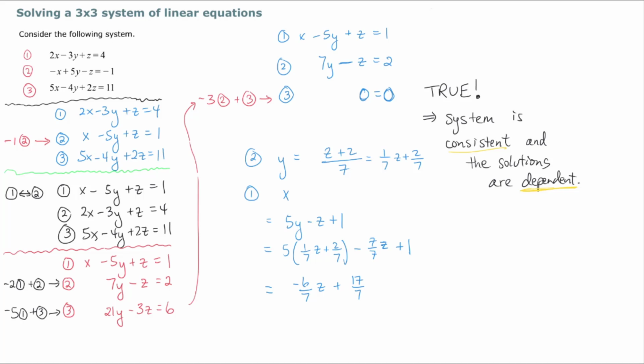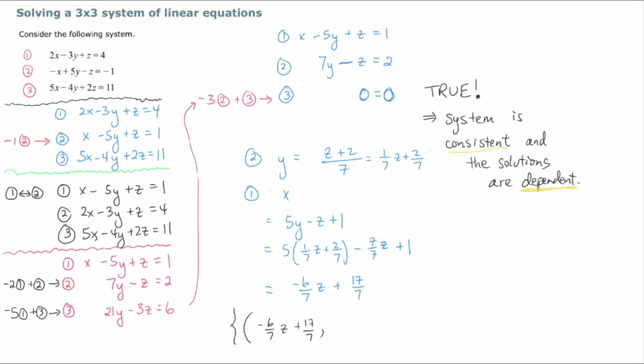So really, all our solutions are going to be dependent on z. Let's write our set of solutions. We have our final set of solutions. It's going to be the set of ordered triples of the form (negative 6/7 z plus 17/7, comma.